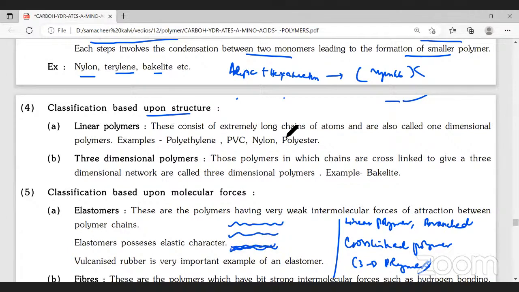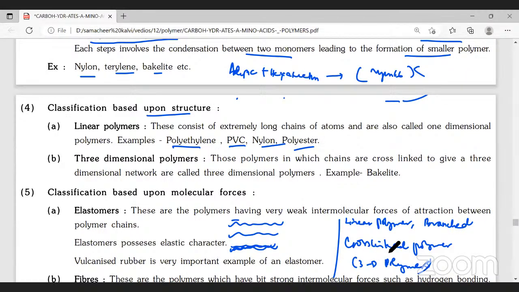Linear polymers consist of long chains of atoms and are also called one-dimensional polymers. Polythene, polyvinyl chloride, nylon, and polyesters are examples of linear polymers.